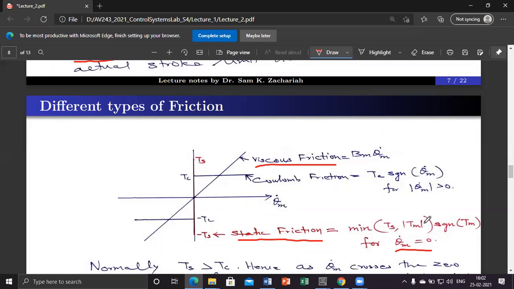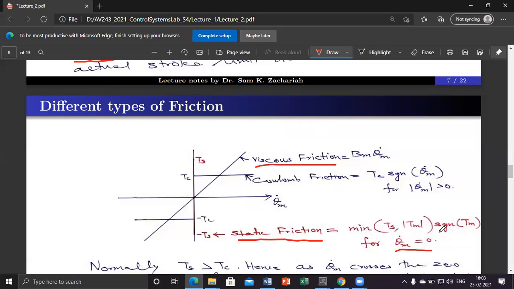If your applied force is 0, there is no friction force. The sign of this friction force is the sign of Tm, because we are treating this friction force as a load force, already defined in the opposite direction.